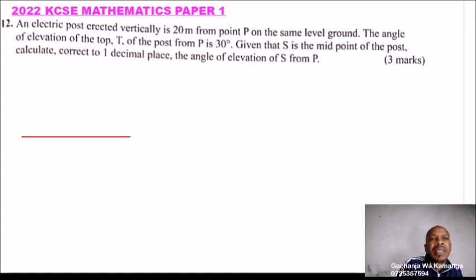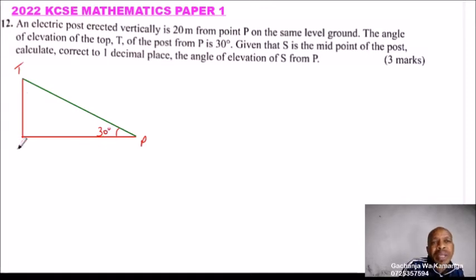So we can say that is a post. Then from there we have the angle of elevation. This is where we have our top, this is our point P. The angle of elevation is the angle that you need to rotate your eyes to be able to see the top of the post.